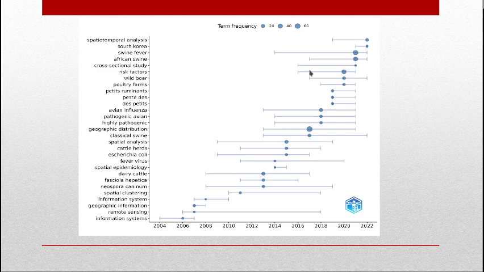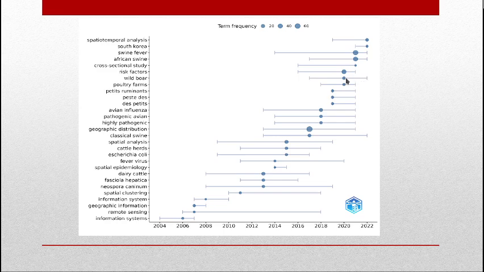If I look at, for example, African swine fever, wild boar, so this bubble and then these whiskers around it, I will interpret this like: wild boar had appeared 20 times from maybe 2016 to 22.